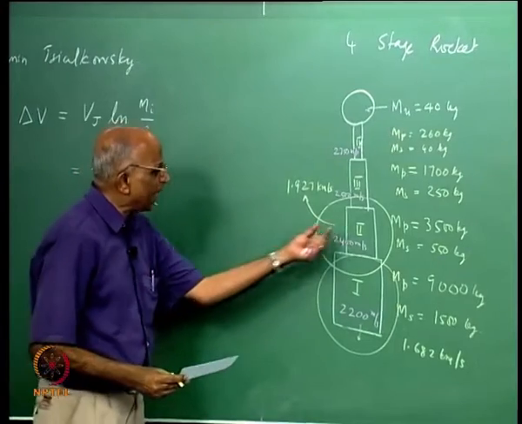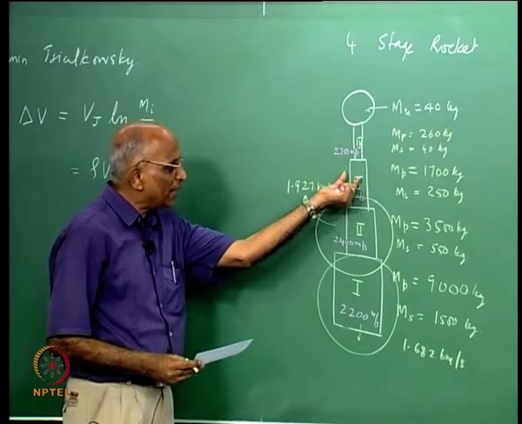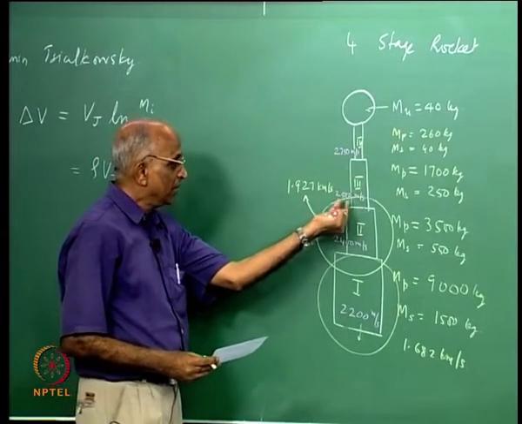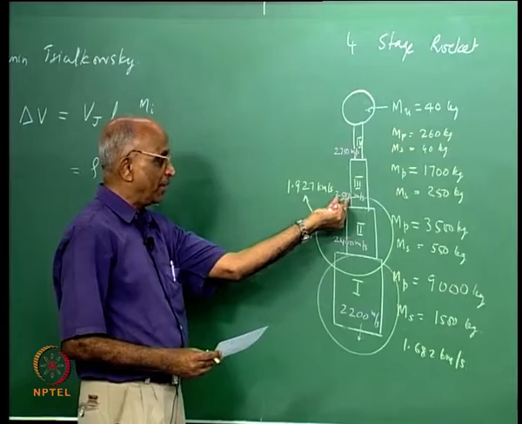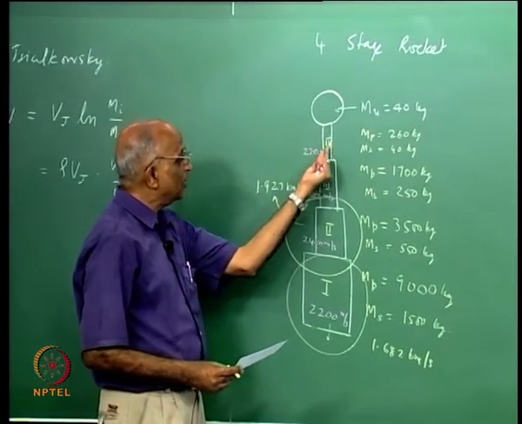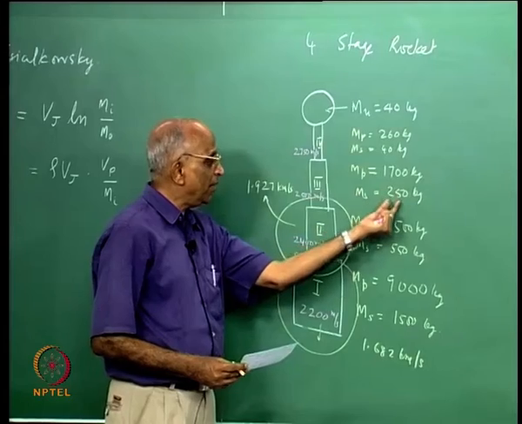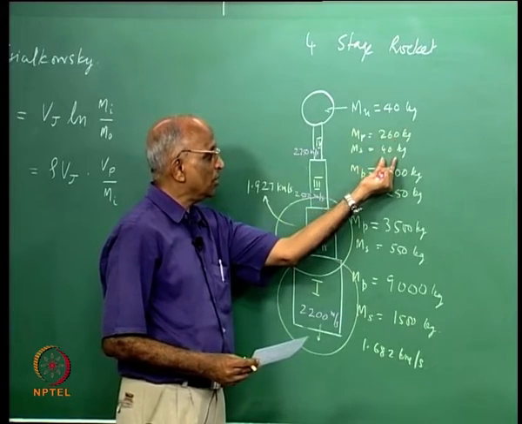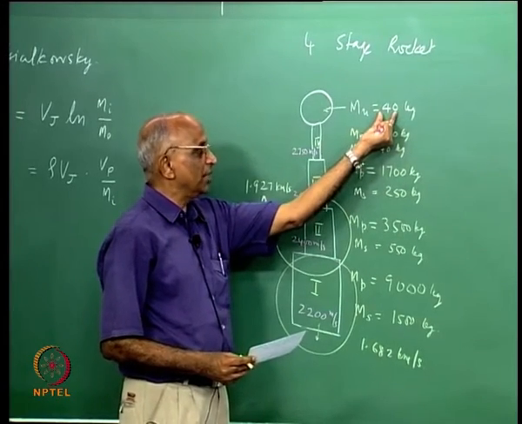Now I repeat the calculations for the third stage. The jet velocity is 2500 into logarithm of the mass of this, which is 1700 plus 250 plus 260 plus 40 plus 40, which is the initial mass.